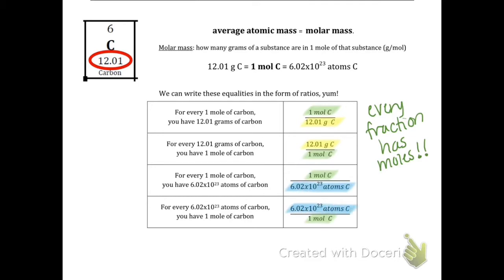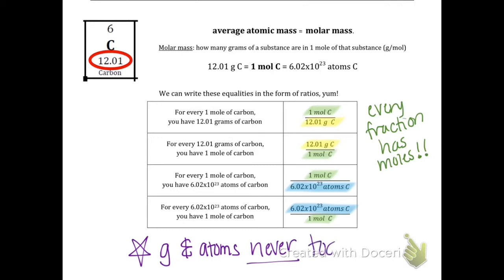Now remember what we pointed out the last time that we did this. What do you notice about the colors yellow and blue? Do you remember? Grams and atoms are never together.